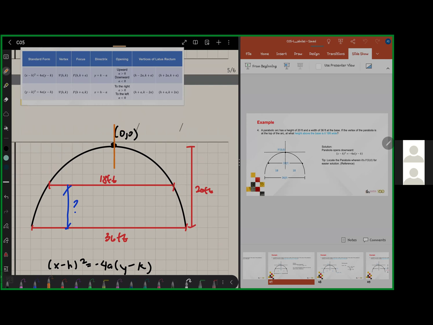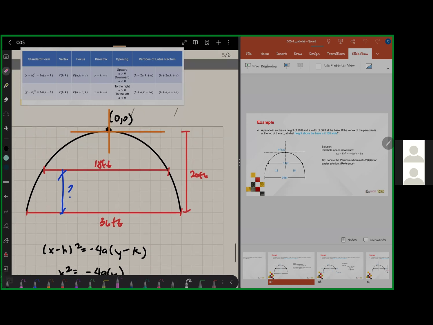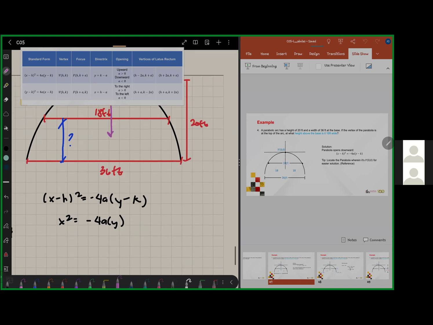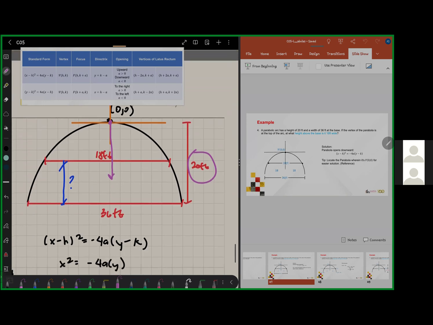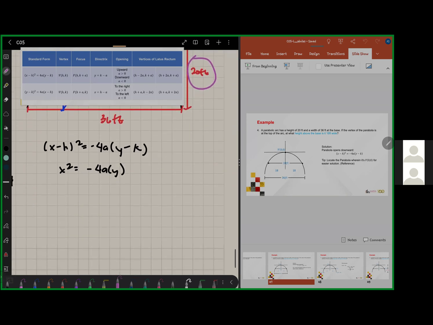If this is our x and y axis, and it is at (0, 0), then all the values going down from the center towards the bottom part of our y-axis should be negative. So this 20 feet going down, using our number line, should be negative 20. So on the right side we have negative 4a times negative 20.